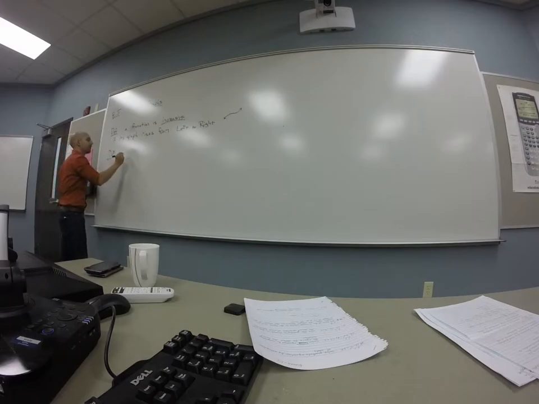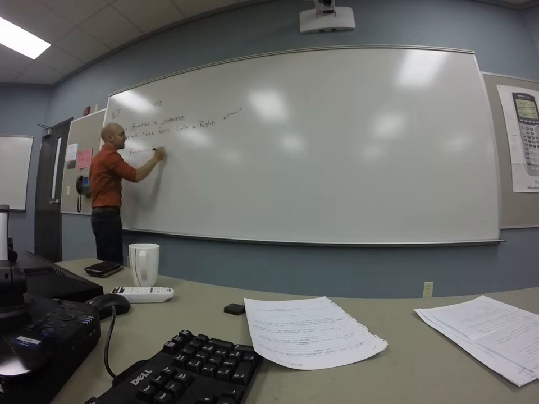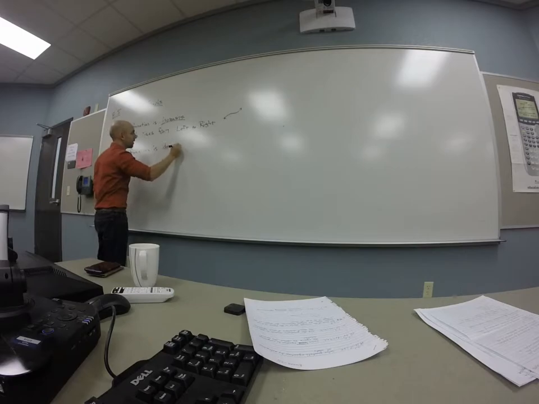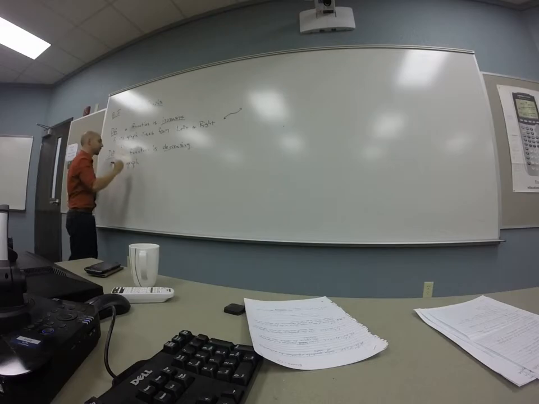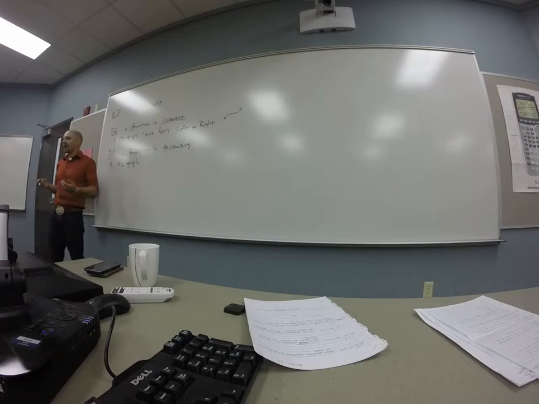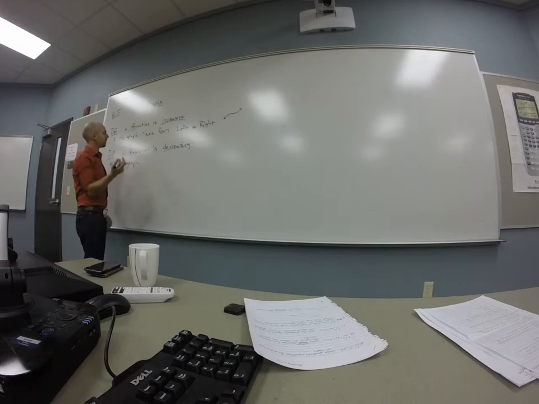So another definition: a function is decreasing. I'm sure this one won't come as a surprise. If its graph, oops, not a contraction. If its graph, what? I need a word for goes down. So lowers, sinks, decreases, falls, from left to right.